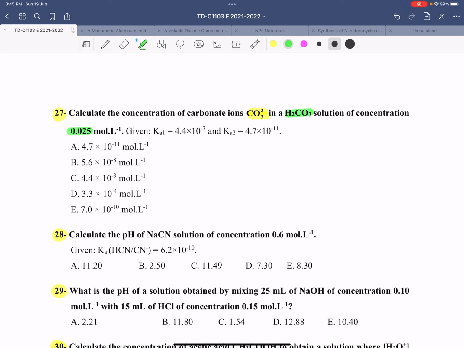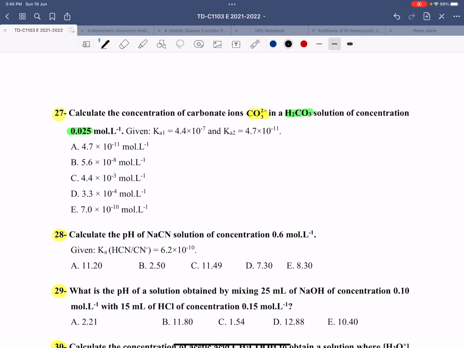Remember? We solved one like it and said that if you can neglect the second acidity, the value of the second base will always be equal to Ka2. Remember? So instead of solving the question, you can directly set it equal to Ka2, which is 10 to the power negative 4.7 times 10 to the power negative 11.